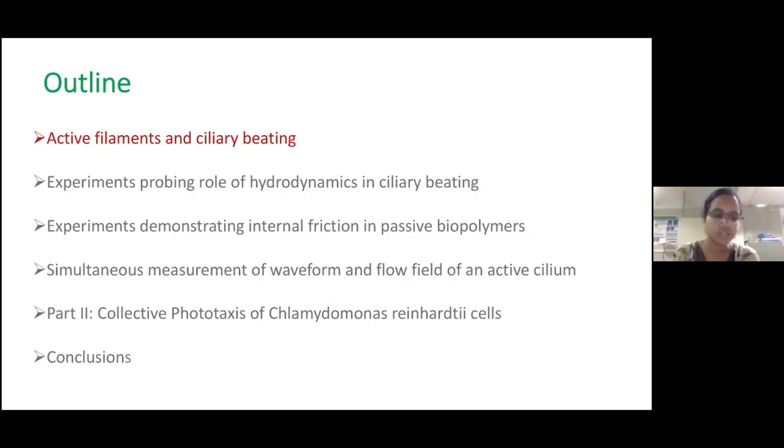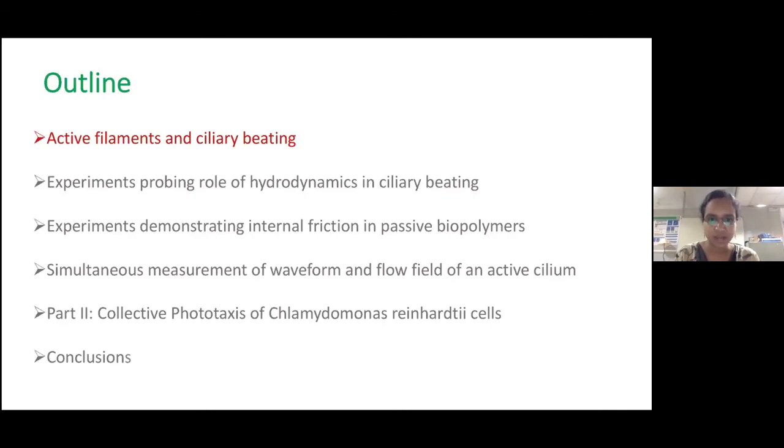phenomena. The outline of this talk is that I'm going to tell you about what active filaments are, and cilia are essentially an example of active filaments. Then I'll discuss some of the key experiments that probe the role of hydrodynamics in ciliary beating.